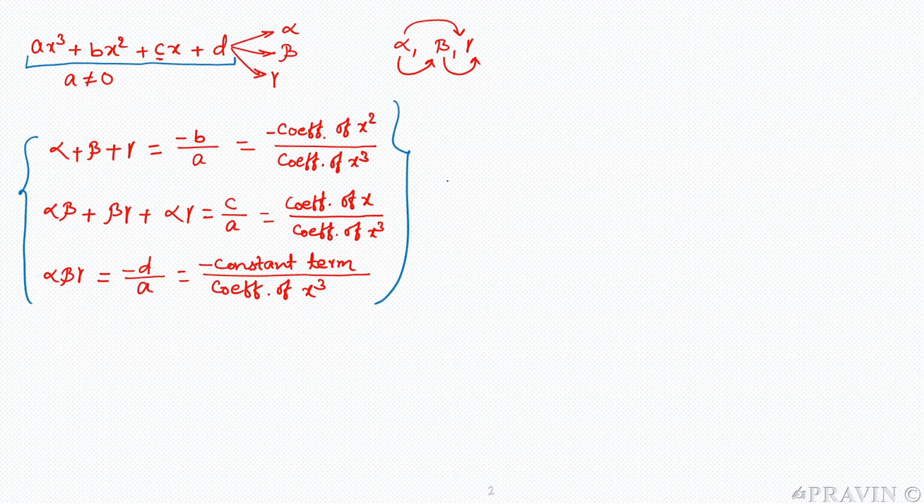Let's take an example. You are given minus 1 by 3, minus 1 and 3. These are the zeros of a polynomial p(x), which is equal to 3x cube minus 5x square minus 11x minus 3.